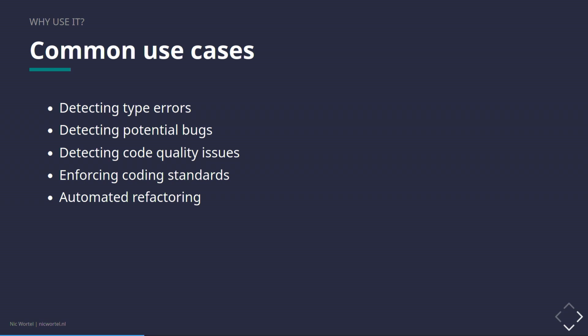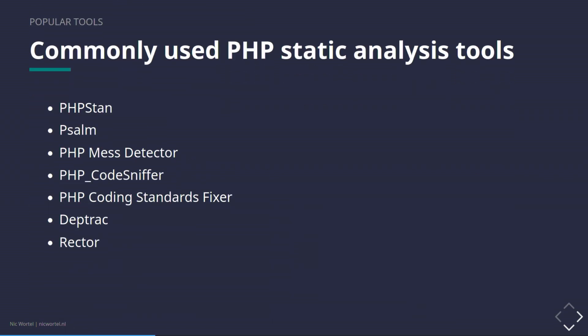Some common tools that we use within PHP are PHPStan, Psalm, but also things like Mess Detector, Code Sniffer, Coding Standards Fixer, Deptrac, Rector, etc. There are a lot more. I think Damien has a big GitHub repo with a long list of static analysis tools, but these are, I think, the most commonly used ones.